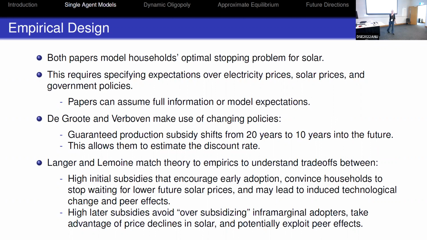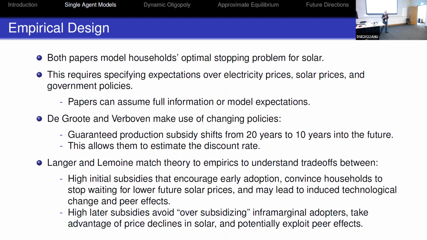That's actually part of the incentive for a decreasing subsidy, right? A decreasing subsidy over time will pull consumers forward to take advantage of that high upfront subsidy. Okay, so both papers are going to sort of assume more or less full information, at least rational expectations in some cases and full information in others.